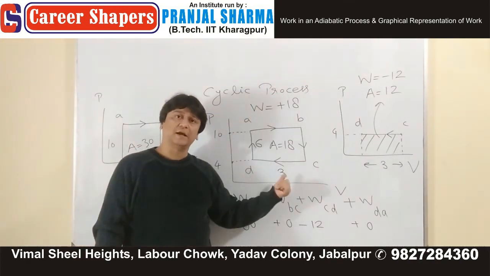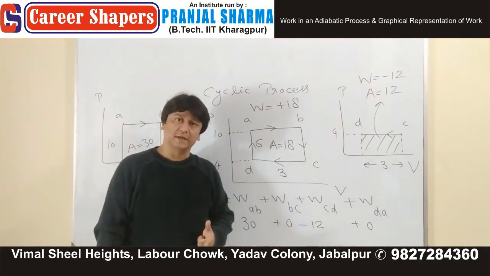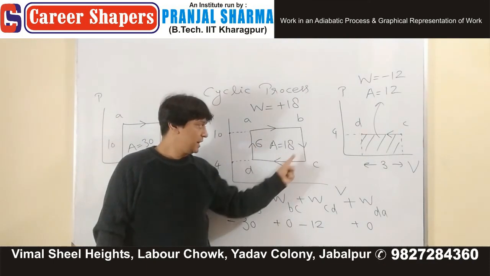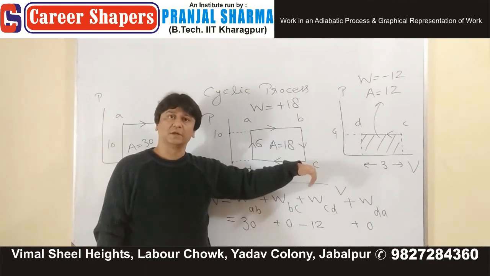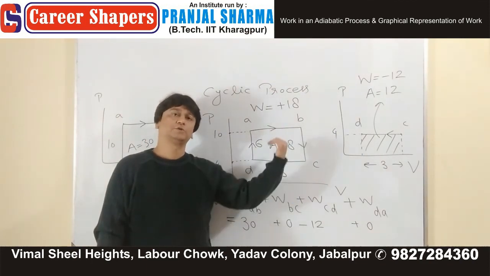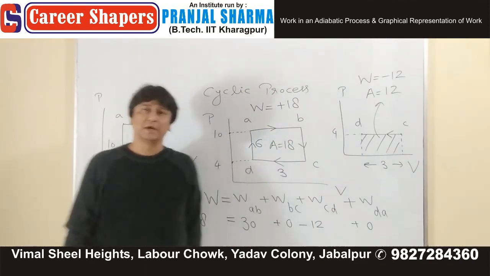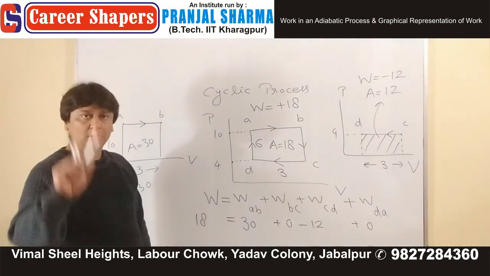For any cyclic process, work done is the area inside the cyclic curve. And if the process is clockwise, work is positive. If the process is anti-clockwise, work is negative. Write down the statement.